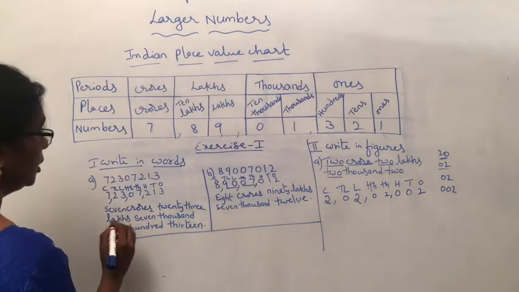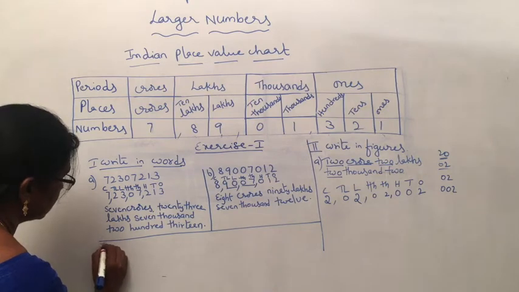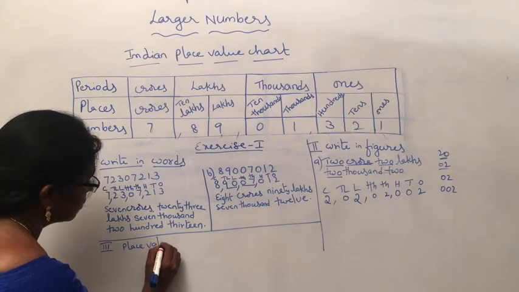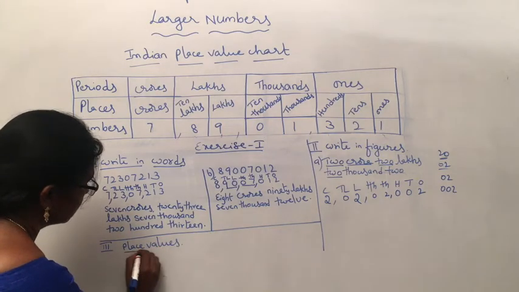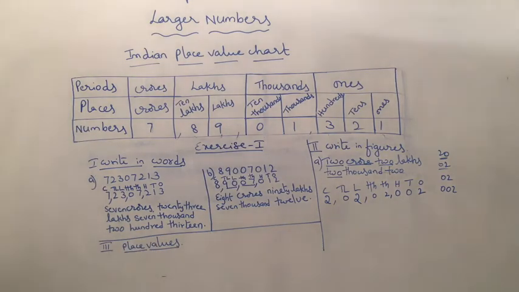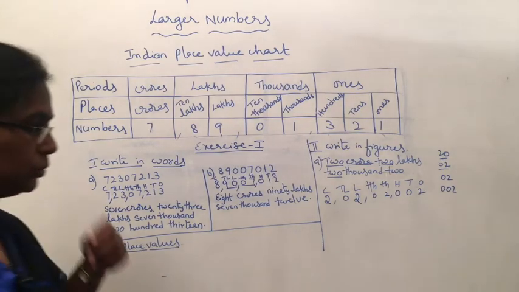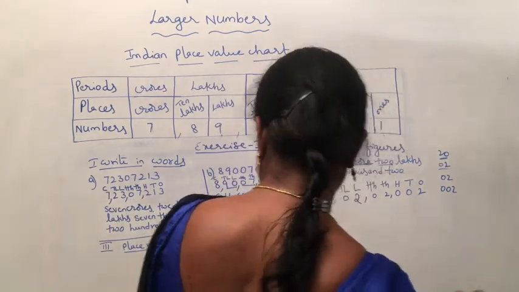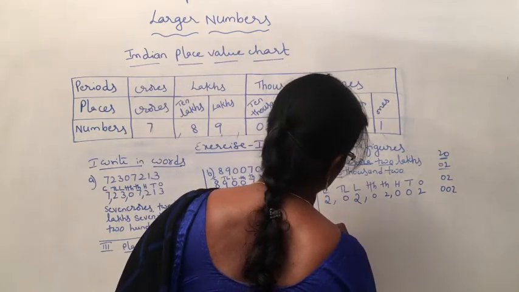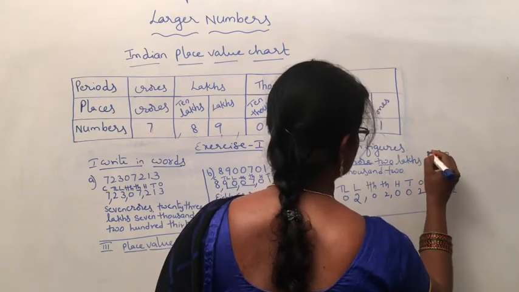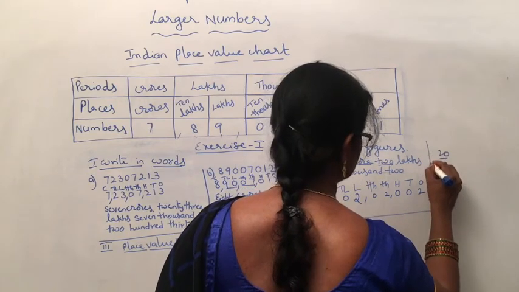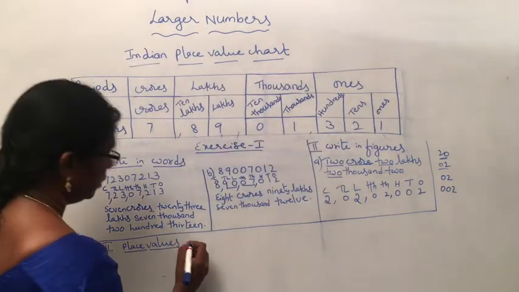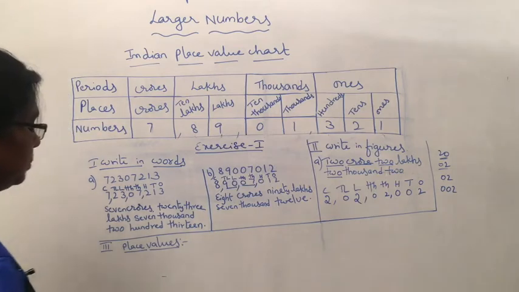Now third bit, place values. How to write place values?